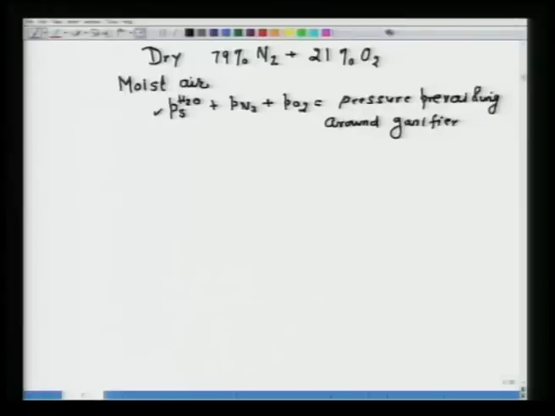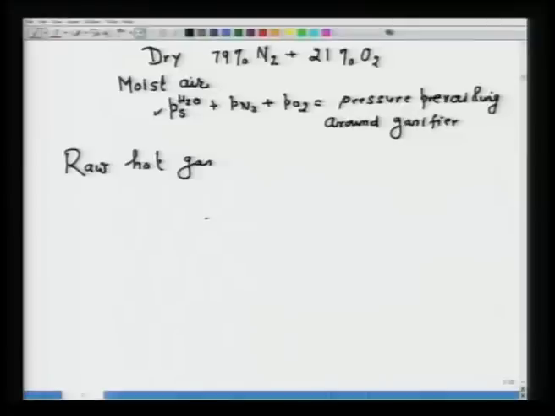Now, one should also note that the raw hot gas, because in the material balance you have seen the right hand side contains producer gas, tar, soot and everything, I will call it raw hot gas. This raw hot gas can be delivered directly into the furnace.